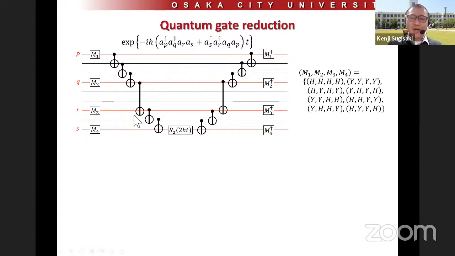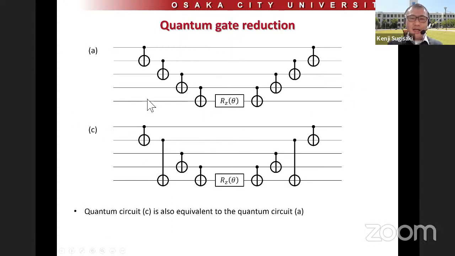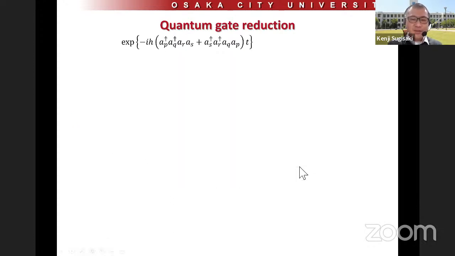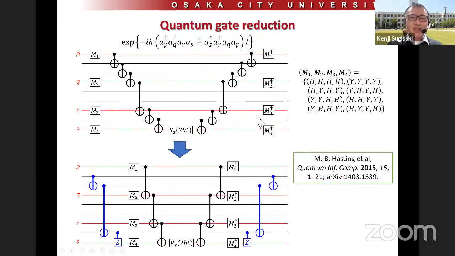I mean the parity. So by using this kind of quantum gate reduction scheme, we can rewrite this quantum circuit as shown here. In this case, the string of Z gates is decomposed into two types of string of Z gates, one inside of the M operators, and another one outside of the M operators.